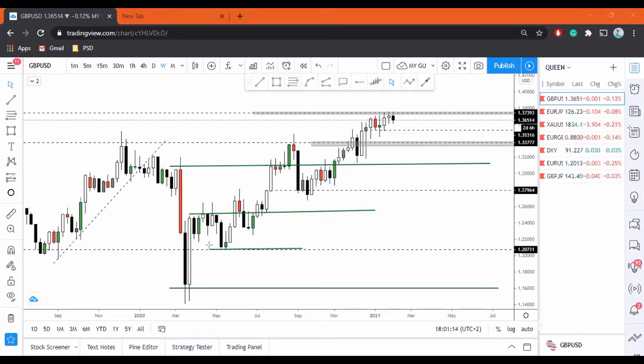And the reason why this low was made is because they were, how can I say it, fooling the retail traders that price is going to sell. You see, we have this strong bearish candle, and that's normally our sell signal.